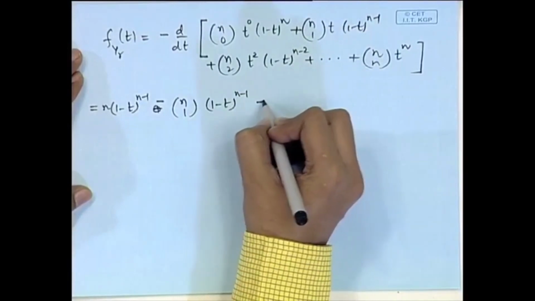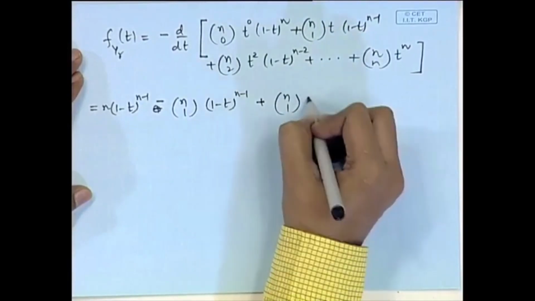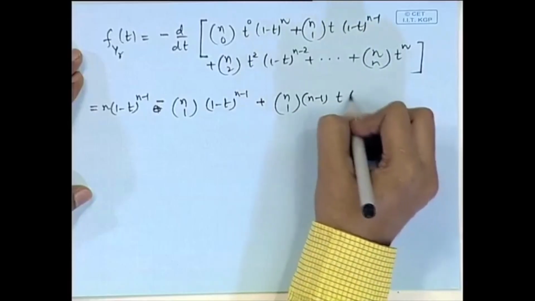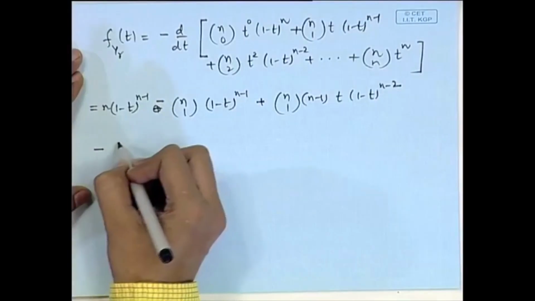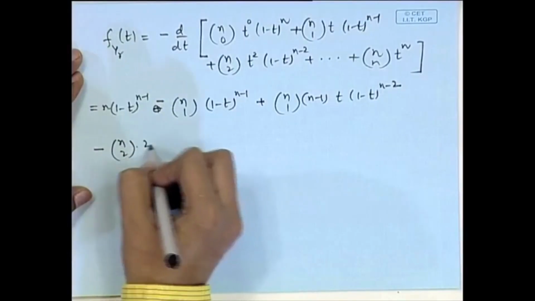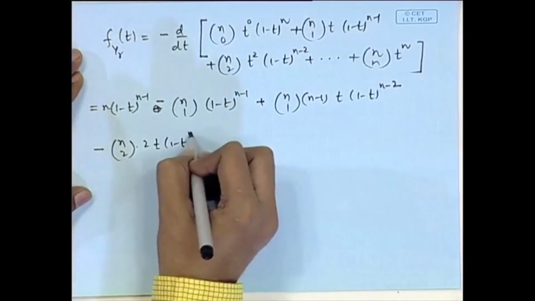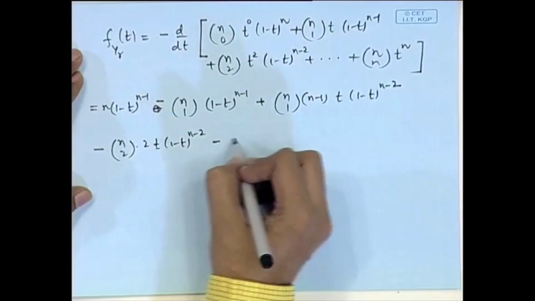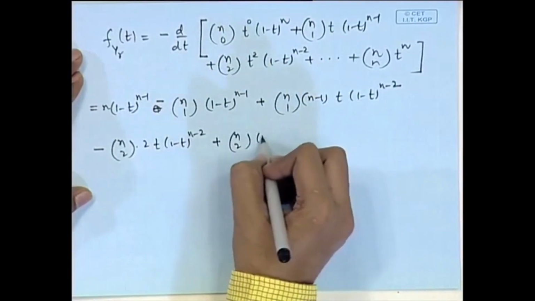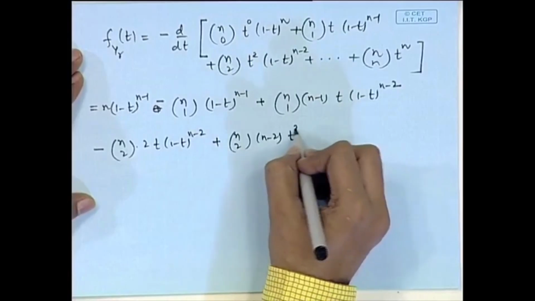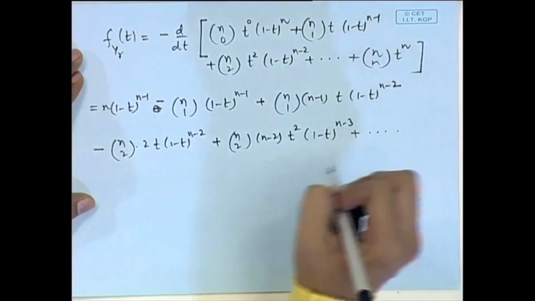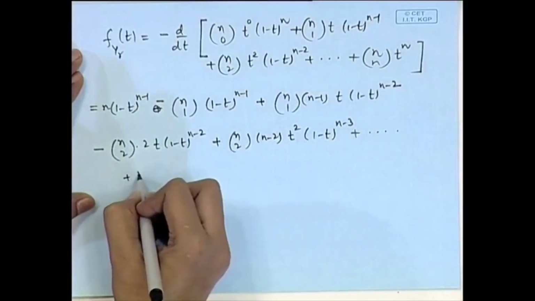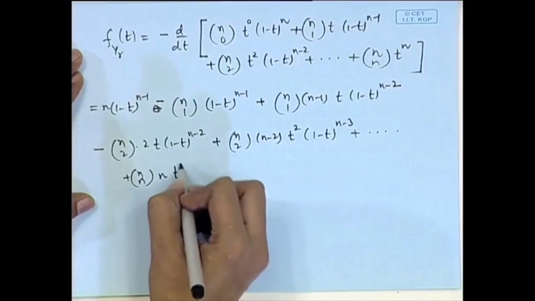And then you will have plus nC1 into n minus 1 t (1 minus t) to the power n minus 2, minus nC2 into 2 t (1 minus t) to the power n minus 2, plus nC2 (n minus 2) t square (1 minus t) to the power n minus 3, plus nCn n t to the power n minus 1.